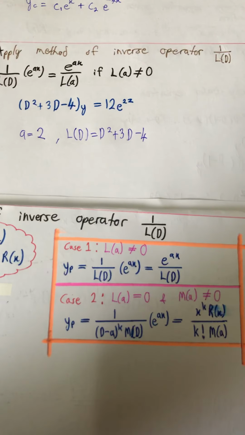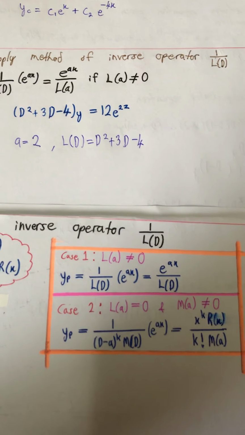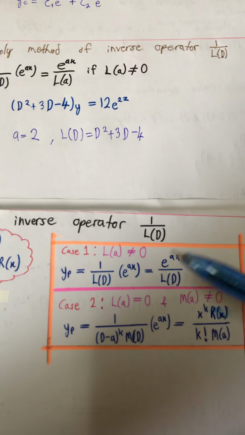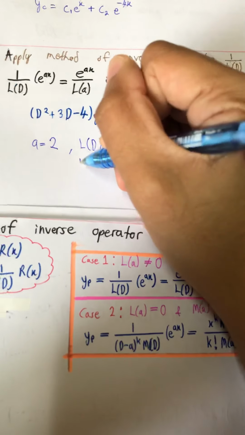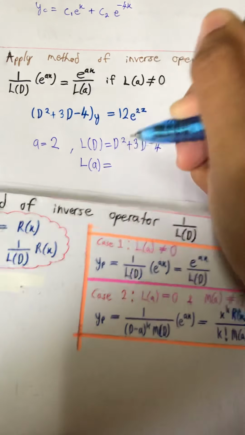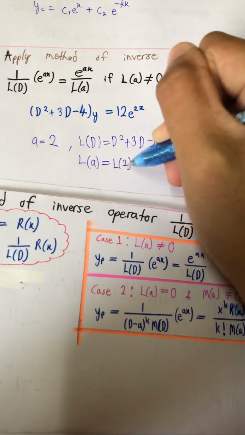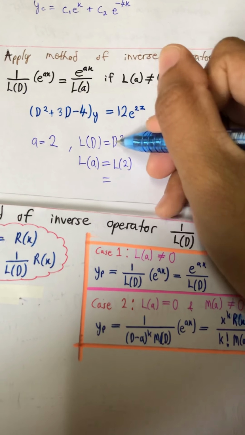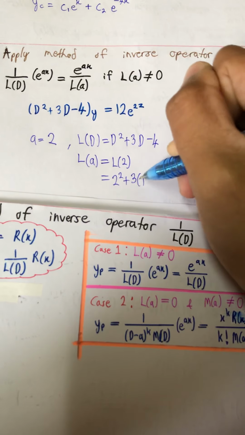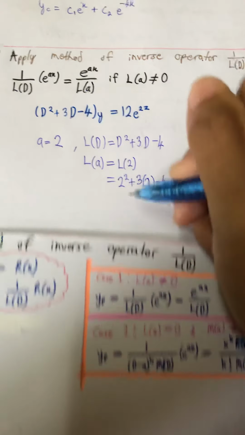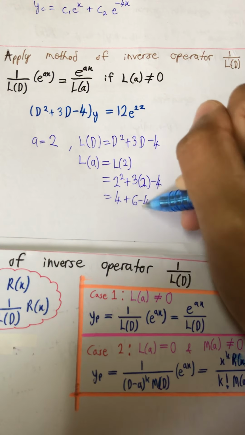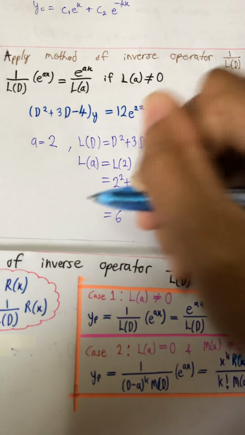Then the first step to determine whether we need to use case 1 or case 2, we need to find our L(a). So we just substitute D with a. Where our a is 2, our L(2) is equal to, just substitute D with 2, 2 to the power of 2 plus 3 times 2 minus 4. Here we will get 4 plus 6 minus 4, we will get 6.